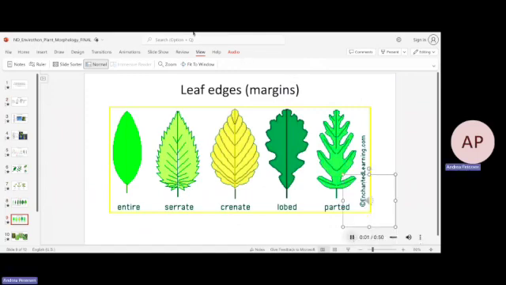The edges of leaves are called margins, but here I will just refer to them as edges because that's easier to remember. Leaf edges are another great identifying feature of plants. Some plants have leaves with smooth edges. Some plants have leaves with serrated or toothed edges.